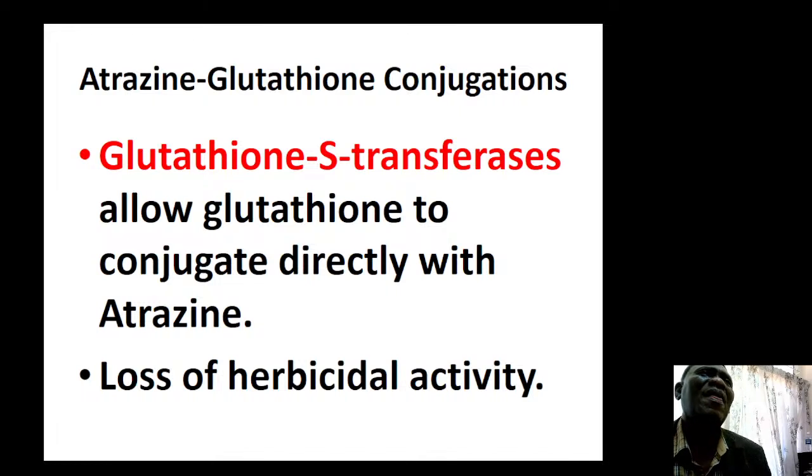In phase 2, you have conjugation reactions, atrazine glutathione conjugations. The enzyme which is important here is glutathione S-transferase, which allows glutathione to conjugate directly with the atrazine. As a result, there is loss of herbicidal activity, and this is why maize selectivity is actually achieved.